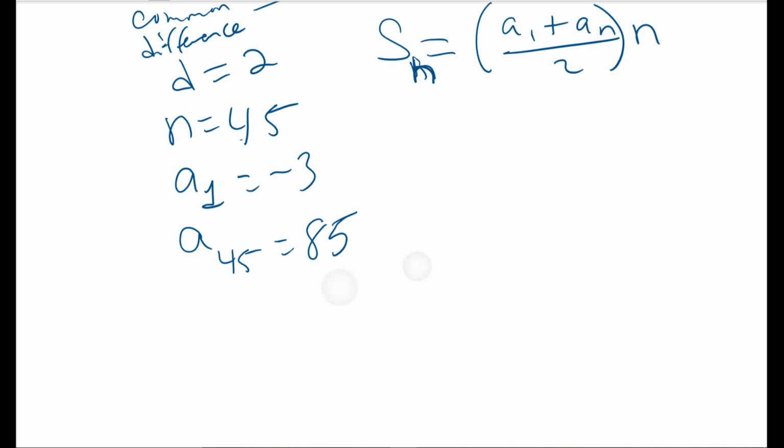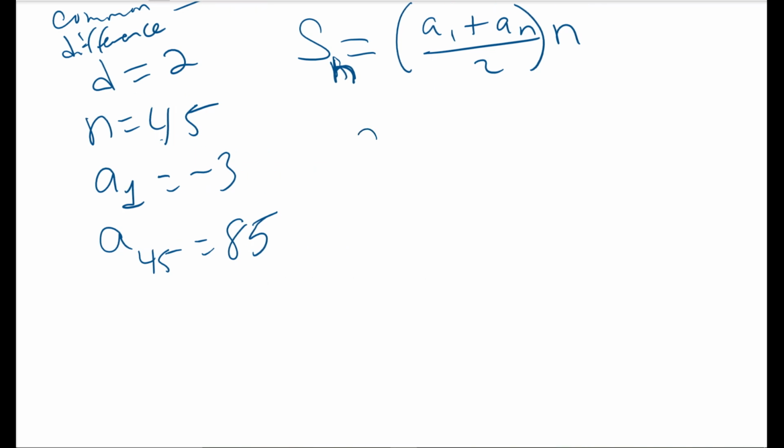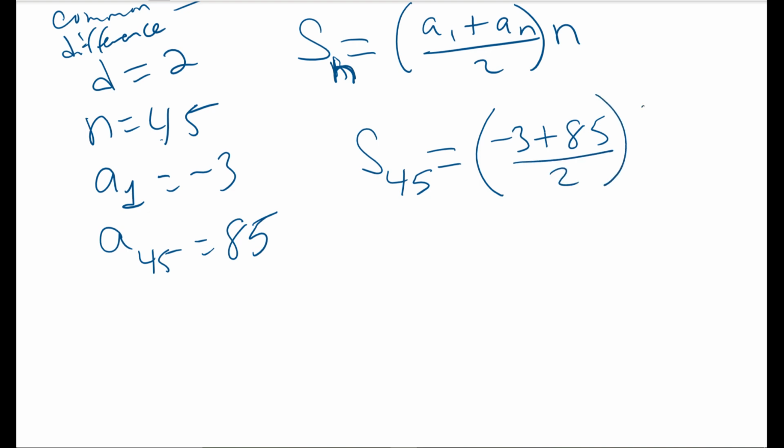So we have everything we need to plug into the sum. So we're looking for the sum of the first 45 terms is equal to A1 plus A45 over 2 times 45 terms for n.